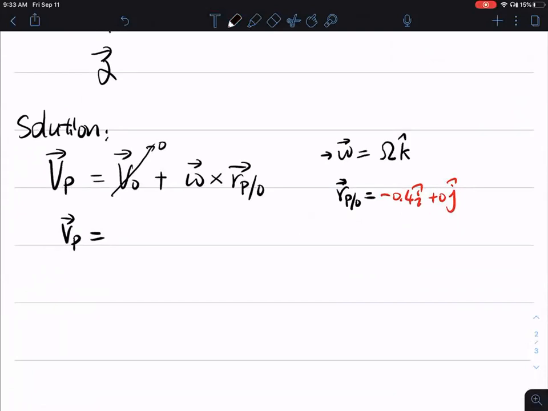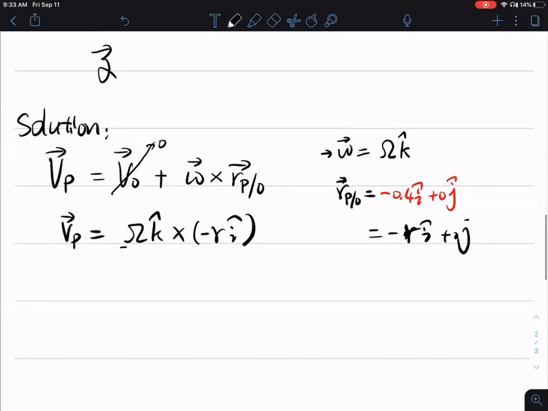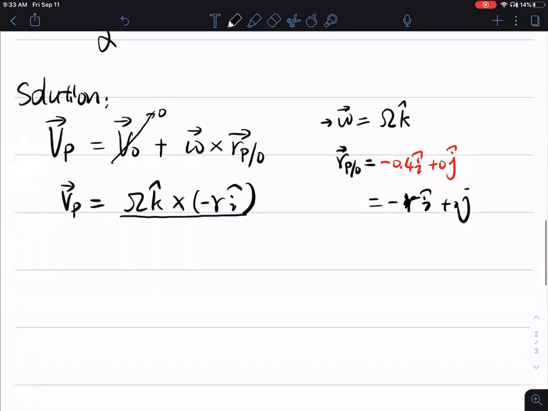Now it's time to practice your cross product skills. What we're left with is omega K cross product negative R I plus 0 J. Let's use symbols, not numbers. Now it's your job to do this cross product. Tell me the result of omega K cross negative R I. Do the cross product in your notes.